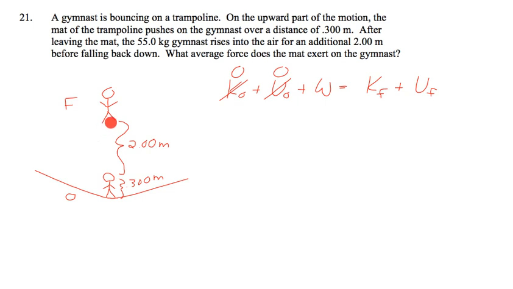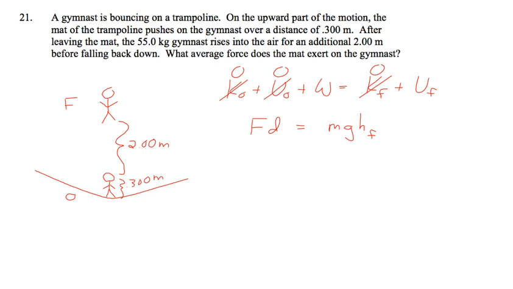When they reach 2 meters above the trampoline, they were moving up, come to a stop, and then start coming down. So at the maximum height the final kinetic energy is 0. The whole equation simplifies to work equals UF. I'm going to replace work with force times distance, and U with mg times the final height. So there's my equation.